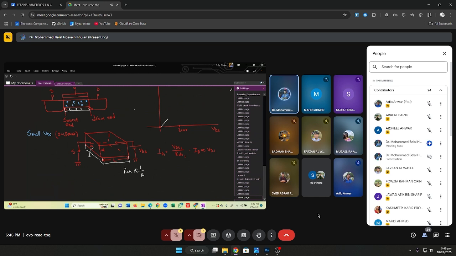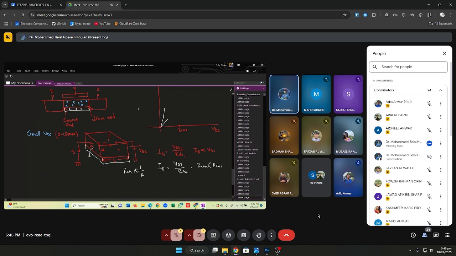The cross sectional area increased, so the resistance decreased. For the same voltage VDS1 with RCH2, we know that RCH2 is less than RCH1, the previous resistance. So the current increases, and the output looks like this.